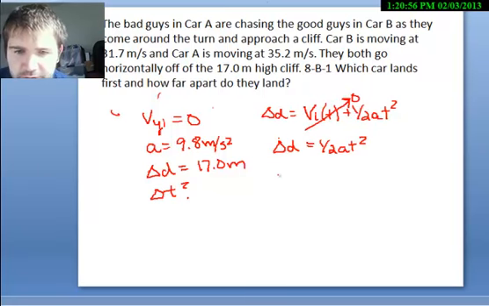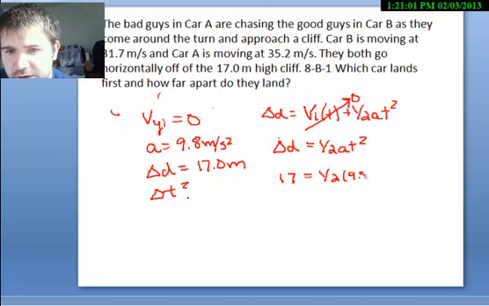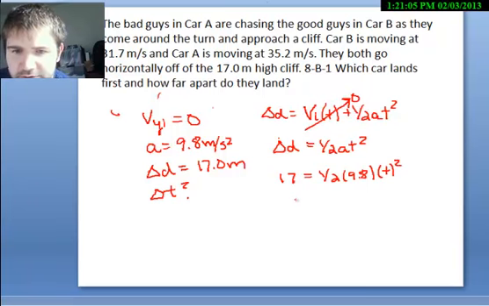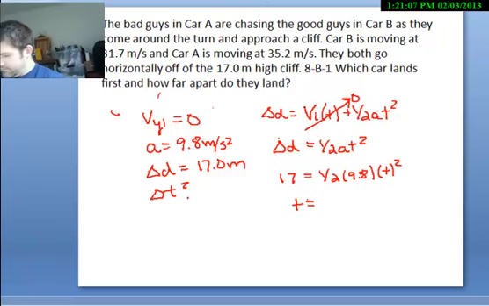So I plug in my numbers: 17 equals 1/2 times 9.8 times t squared, and solve that for t. And we get that t equals 1.86 seconds.